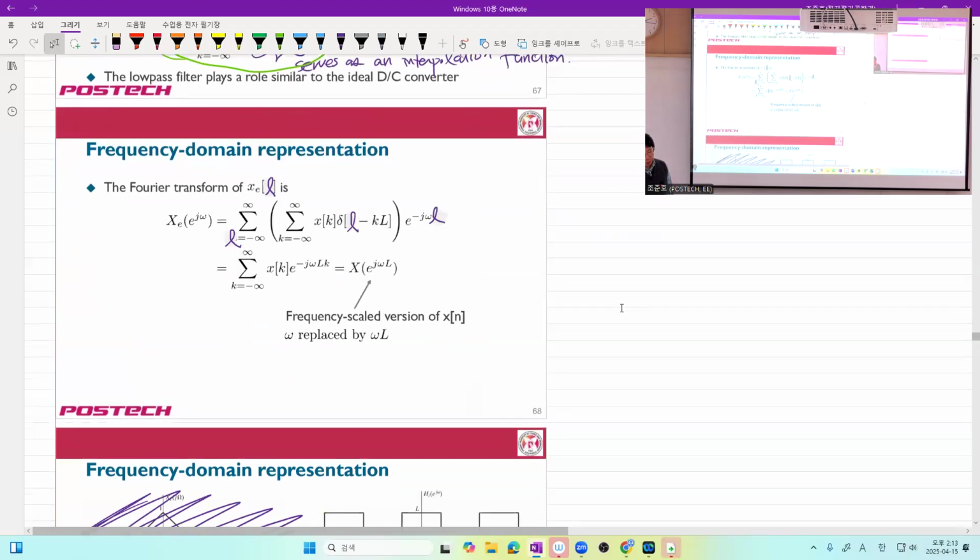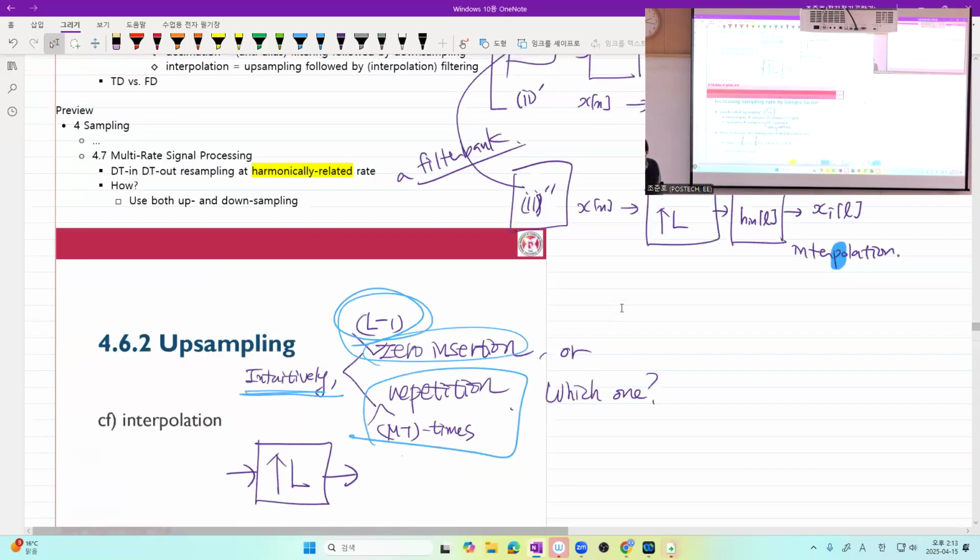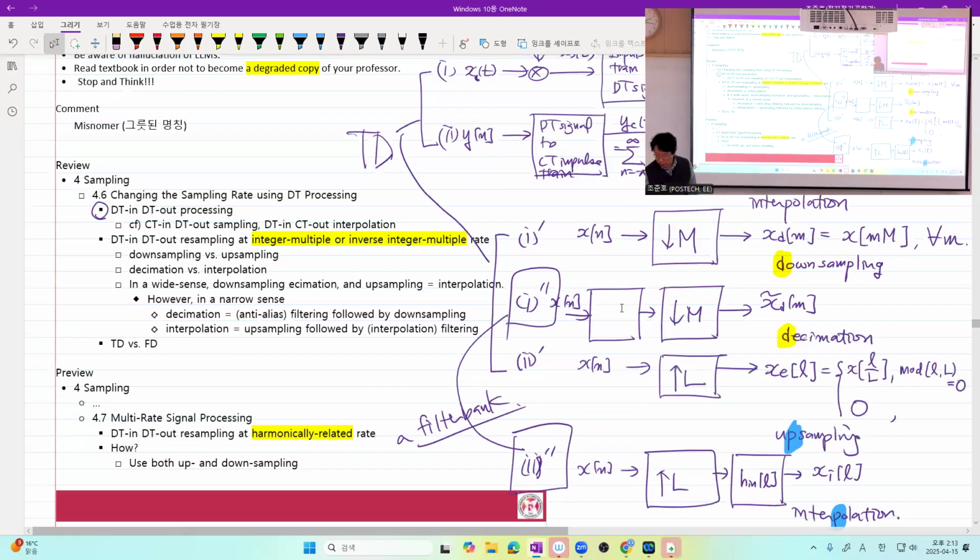Okay, so here goes the frequency domain representation, and it's not that difficult. Whenever you want to have frequency domain understanding, just compute the discrete time Fourier transform. So this is the expanded version, and this is called interpolated version.